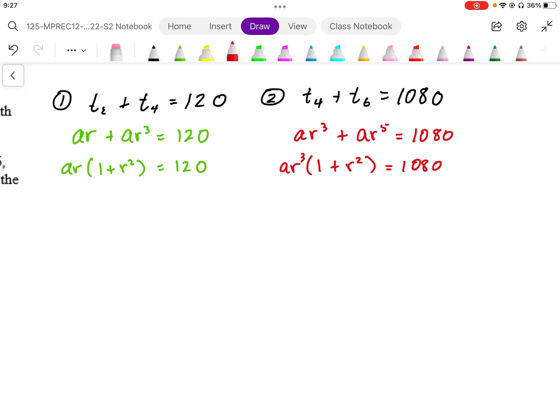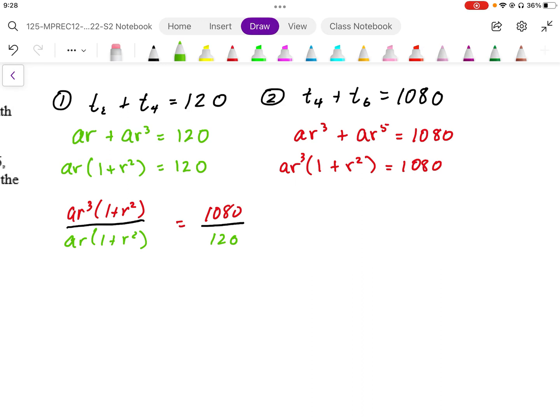So I'm going to end up with AR cubed (1 plus R squared) equals 1080, as the numerator for both sides of the equation. And in the denominator, I'm going to divide AR (1 plus R squared), and that's going to be equal to 120. I can do this because these are equalities, and if I divide equalities like this, it stays equal.